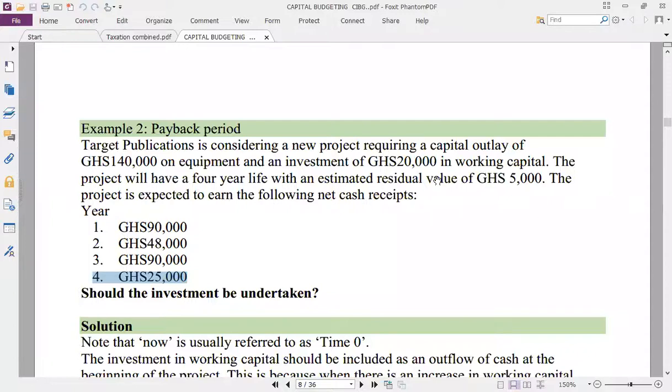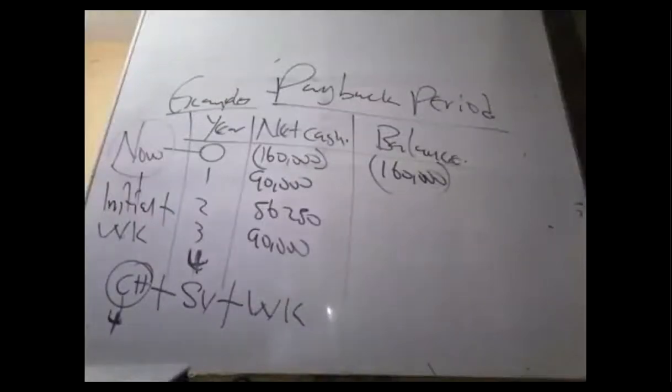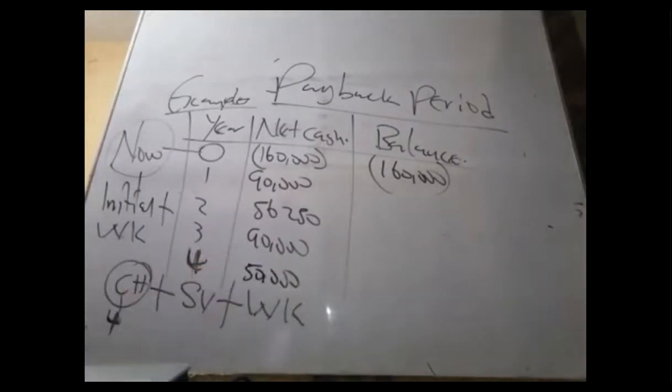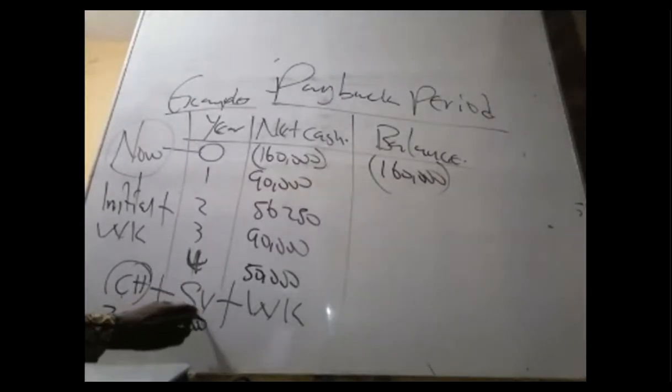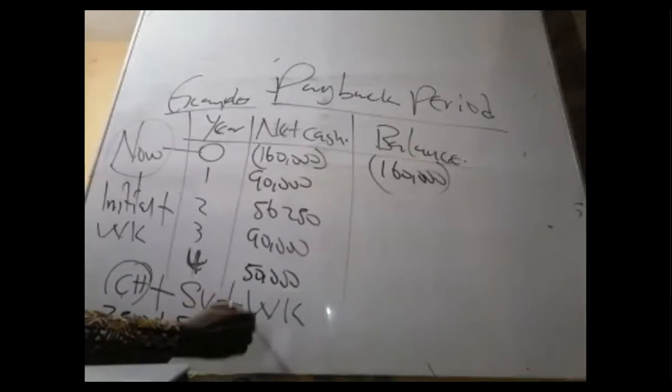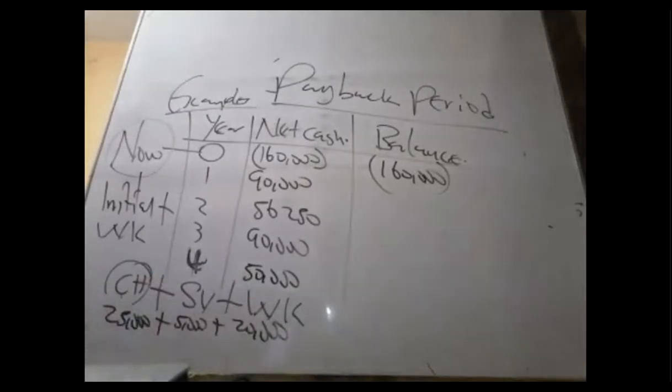Let's confirm that: 25, I'll add the scrap value of 5,000, which is 30, and again I'll add the working capital, which is 20. So I'll get 50,000. So there's 50,000, which includes the cash flow itself of 25,000 plus the scrap value of 5,000 plus working capital of 20,000. So that is how we got 50.